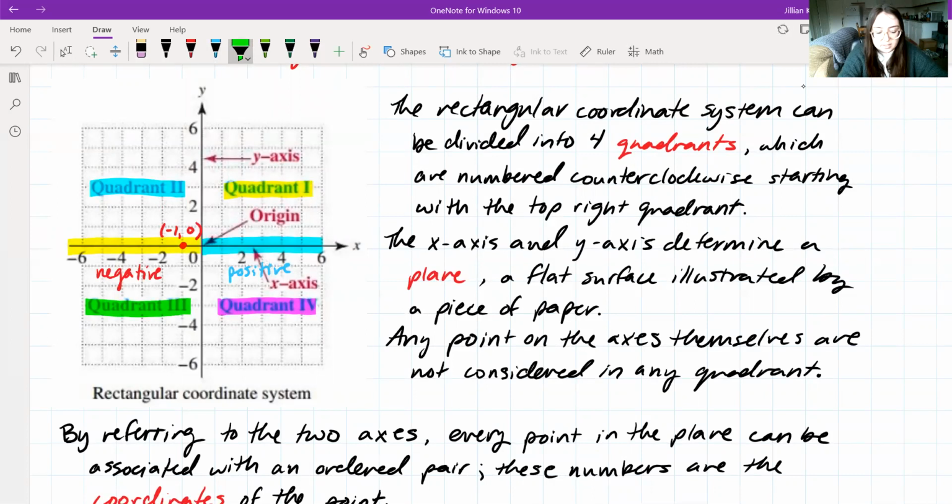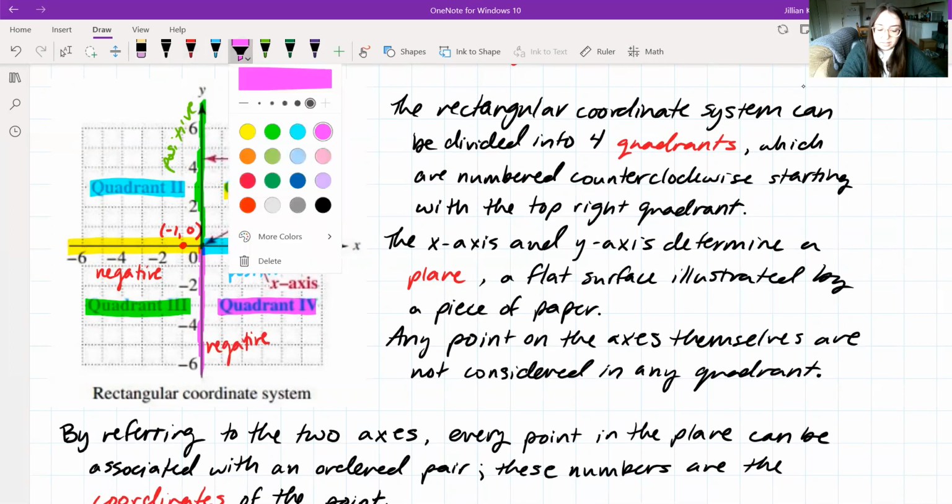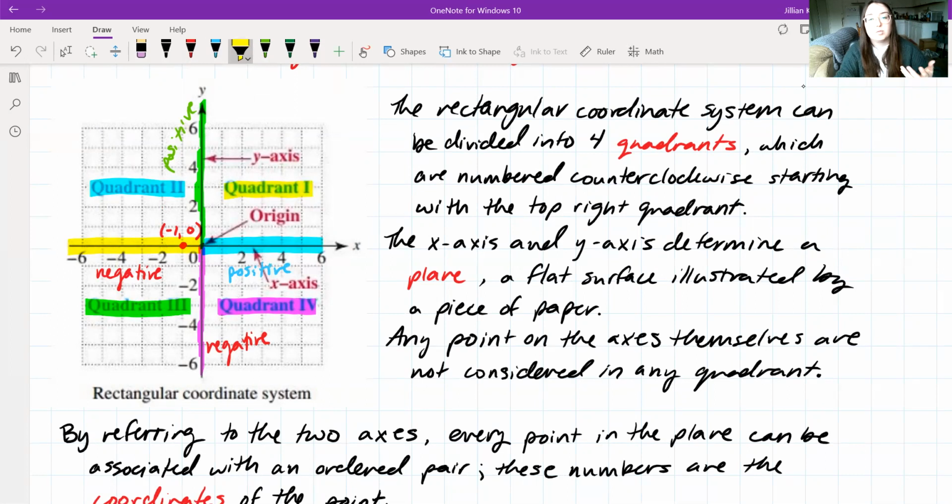Then with our y-axis, above the intersection or above the origin are our positive values. And below our origin is going to be our negative values. And we'll just pick red again, so negative. So we can plot our points on a plane by choosing our x value or our y value, and then finding that corresponding point with the other value that we were given.